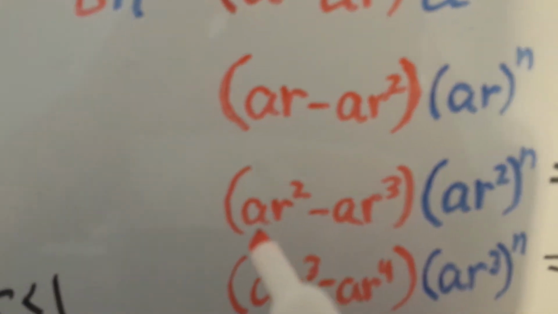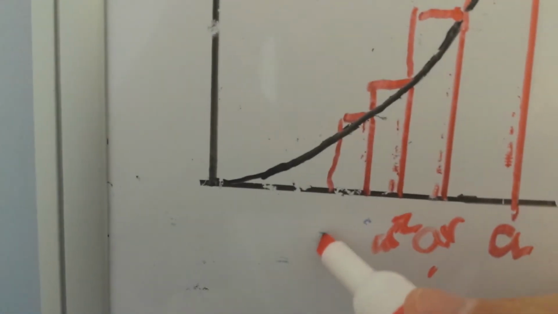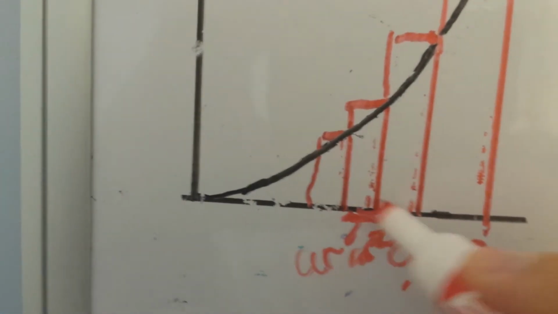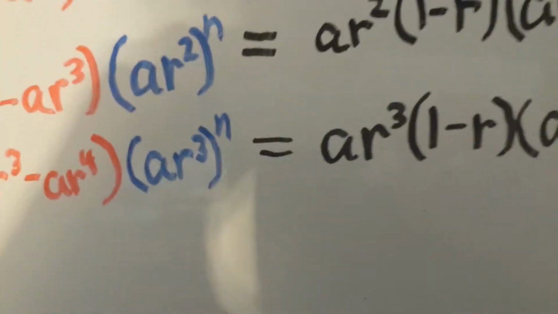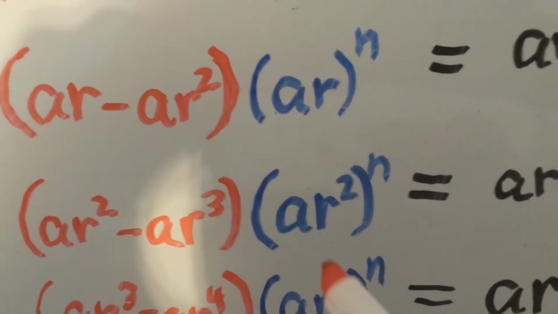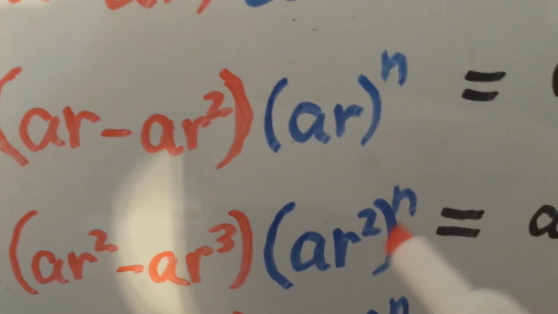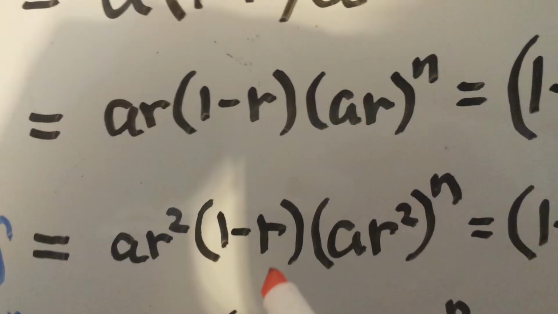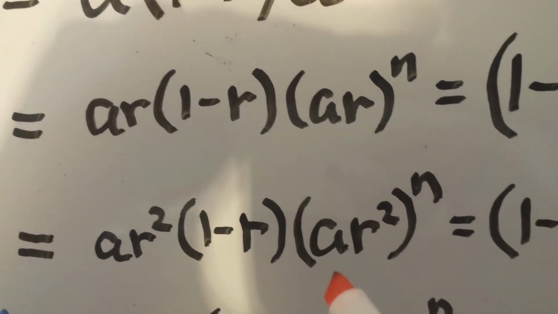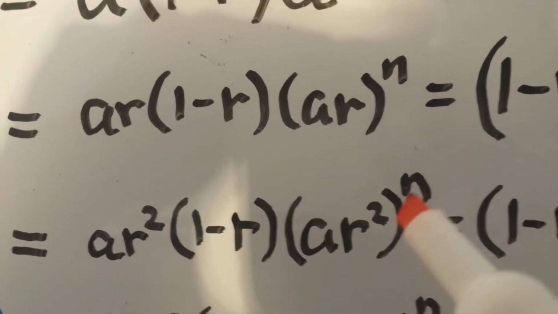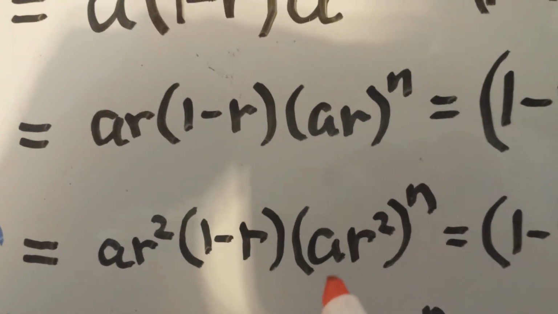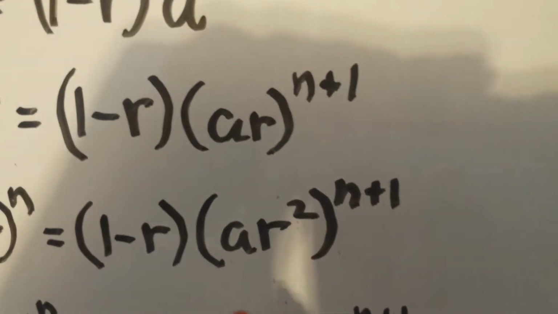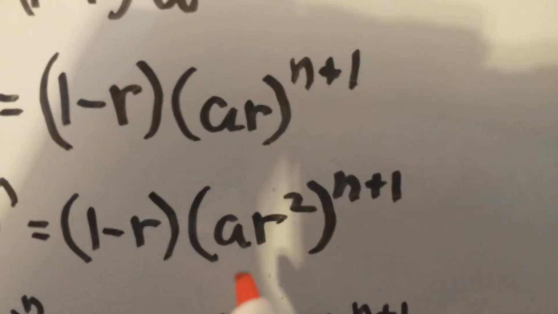The next rectangle was ar squared minus ar to the third, and the height was ar squared to the n power. So we can factor out an ar squared. So we have 1 minus r, multiplied by a times r squared to the power of n. And that becomes 1 minus r times ar squared to the power of n plus 1.